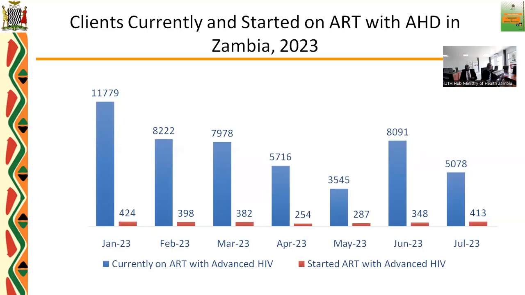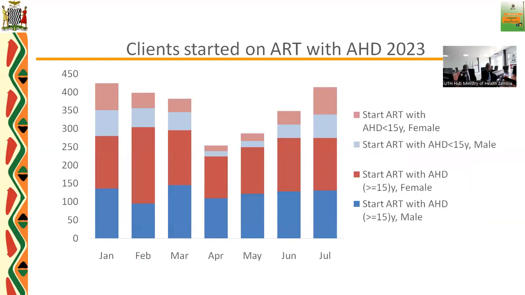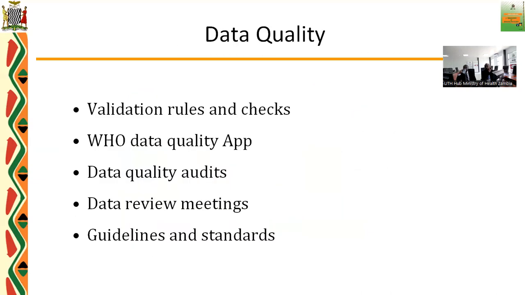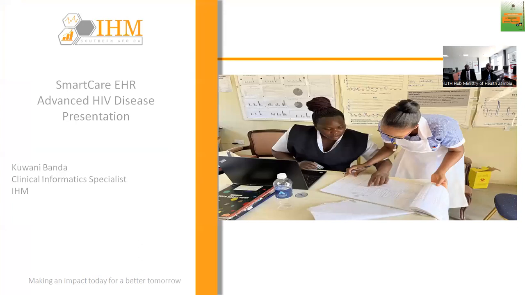Next slide. So we hope these numbers will start going up. This is breaking them down by age. Similarly, we can do better. It's just that records are incomplete. Next slide. These are just the data quality issues that are there. Next slide. For the SmartCare process, so IHM, next slide.